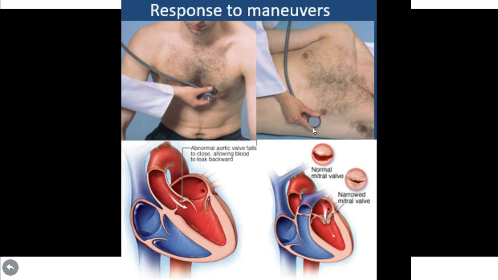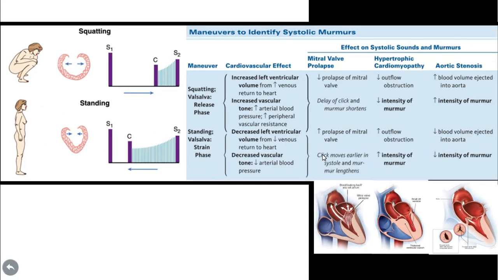In a patient with mitral stenosis, you advise the patient to lie in the left lateral decubitus position and use the bell, because it's a low pitch sound.